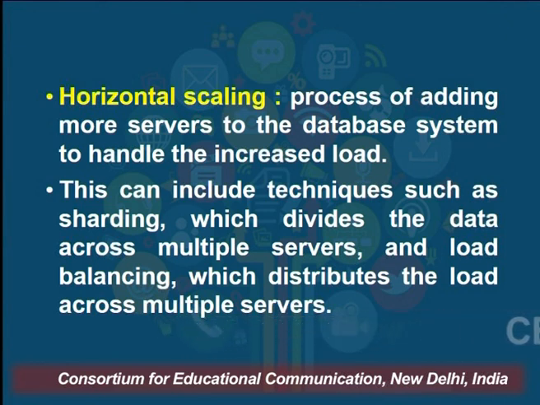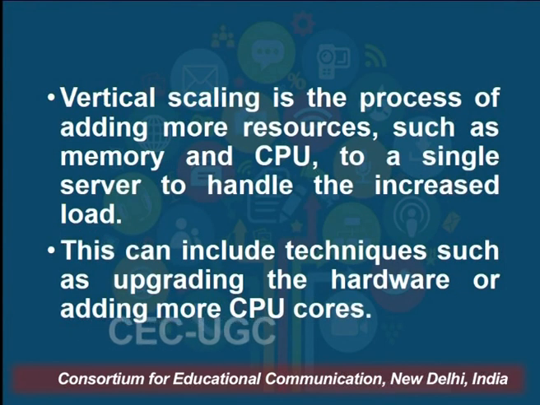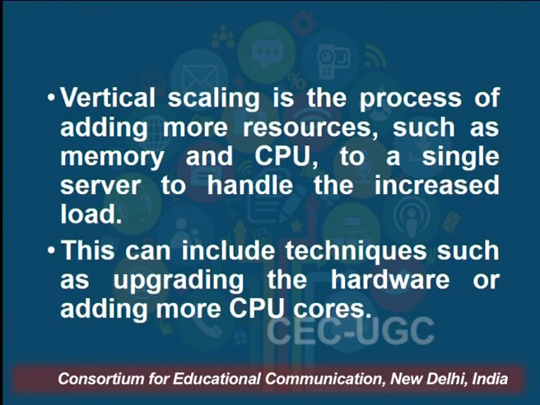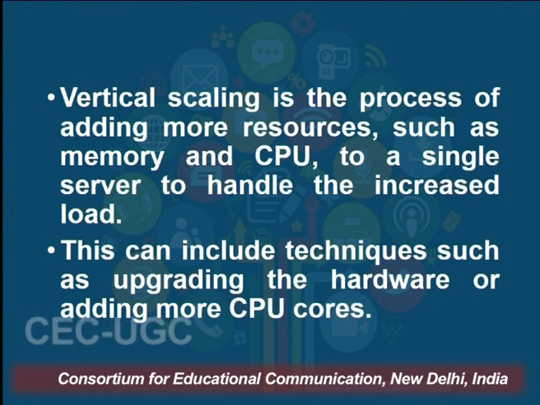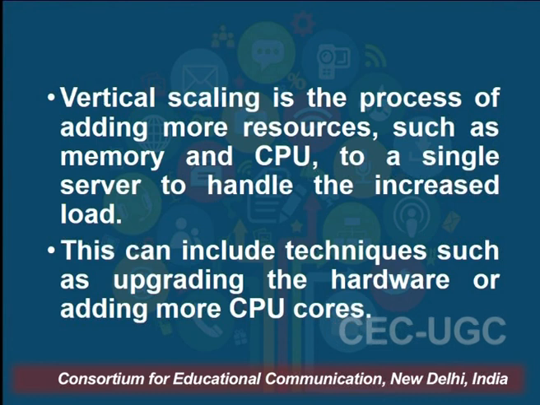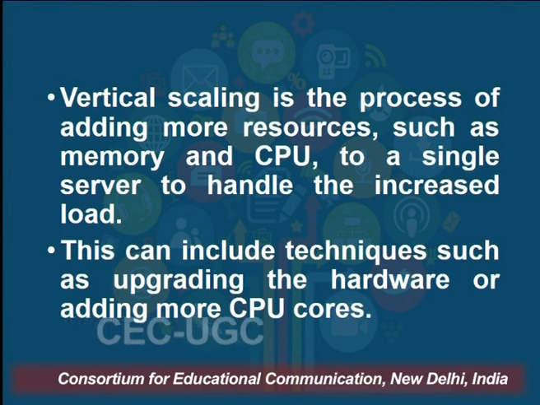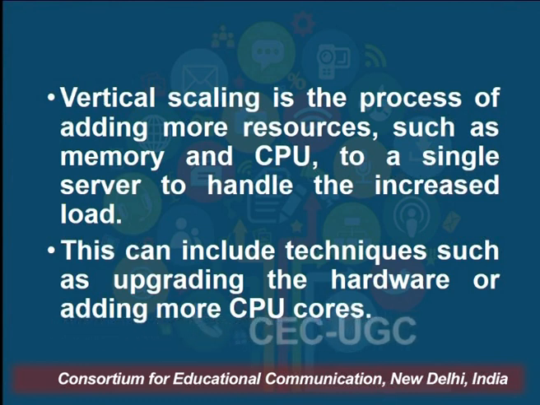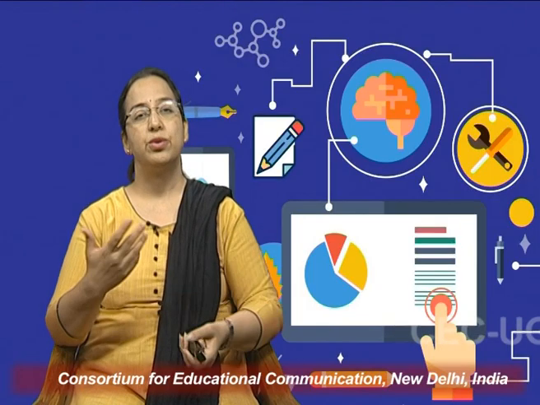Vertical scaling is the process of adding more resources, such as memory and CPU, to a single server. In horizontal scaling we are increasing the number of servers, and in vertical scaling we are not increasing the number of servers; in fact, we are increasing the resources of the server so that it can handle the increased load.